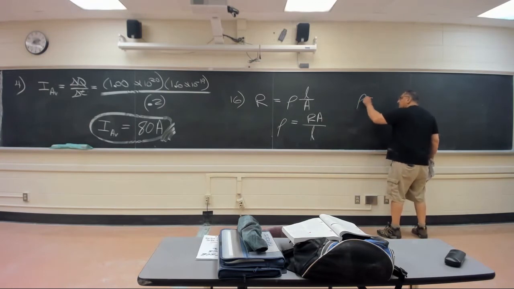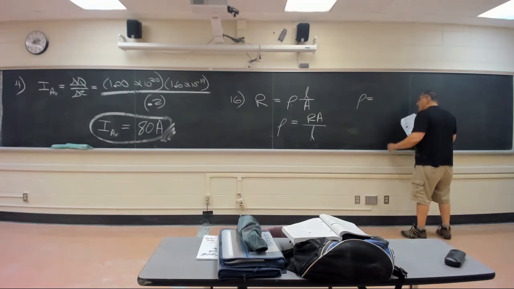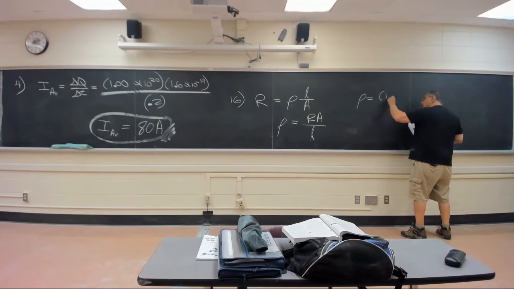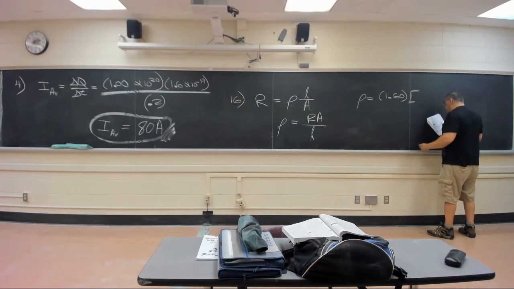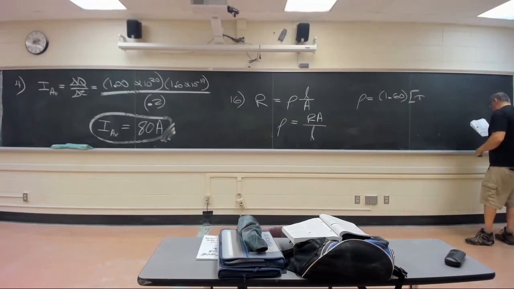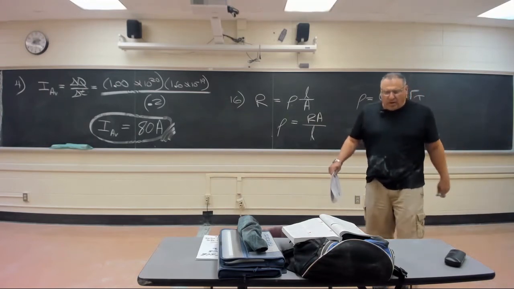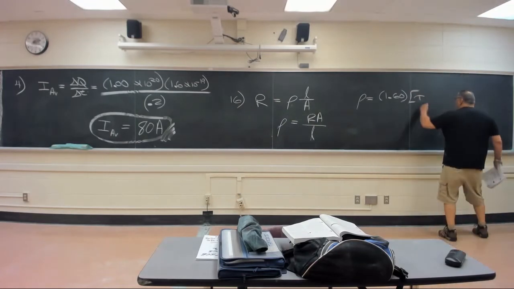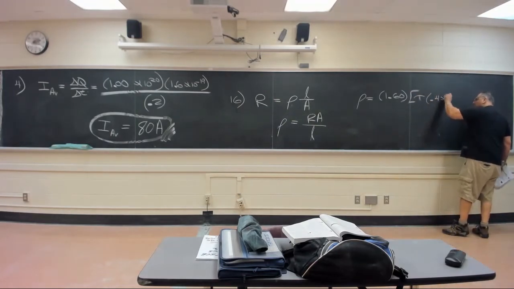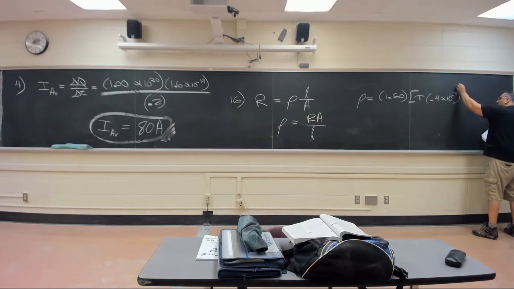What's going on? Well, they're saying a lot of stuff. They told us the resistance was 1.60 ohms. The cross-sectional area is going to be pi r squared. What's half of 0.8? Half of 0.8 is 0.4. It's 0.4 millimeters, which is 0.4 times 10 to the negative 3 meters. That guy's squared.